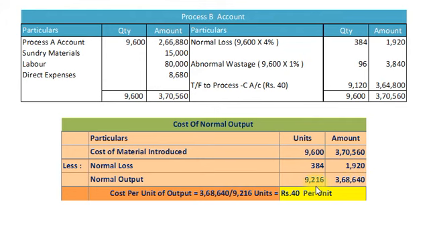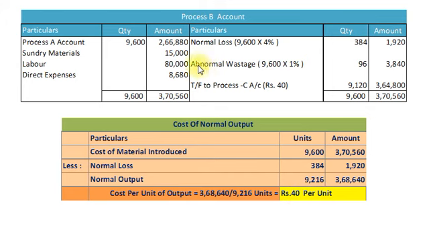So finally normal output and its cost 9,216 units and 3,68,640 amount. So cost per unit amounts to 3,68,640 divided by 9,216 units amount to rupees 40 per unit.